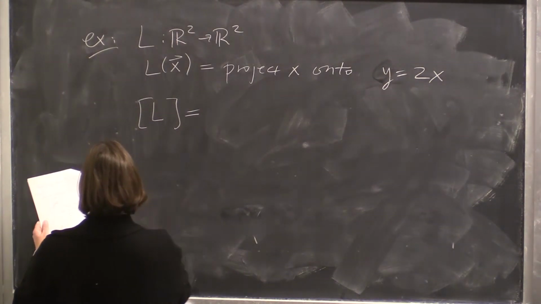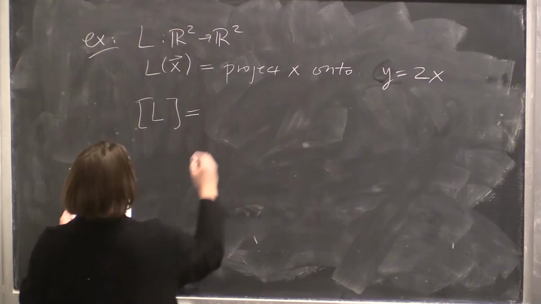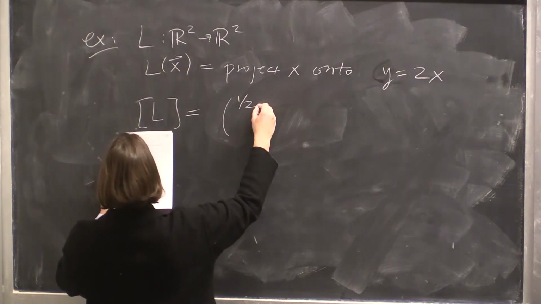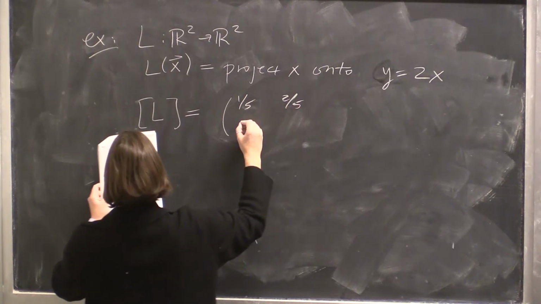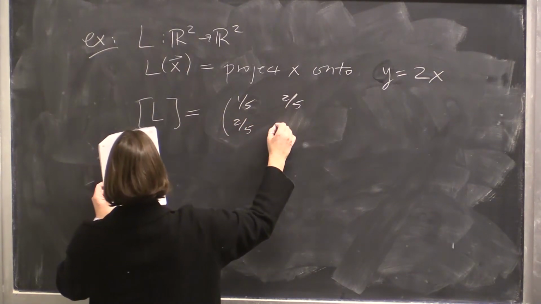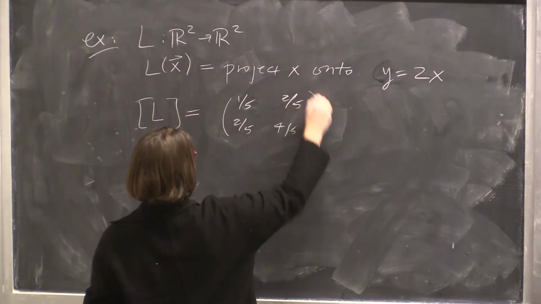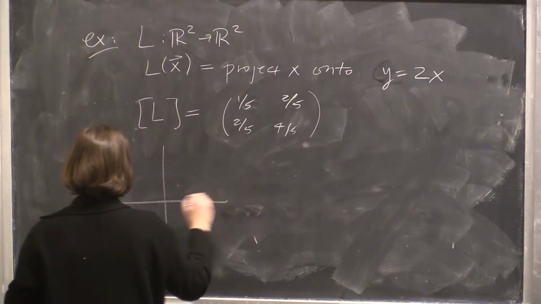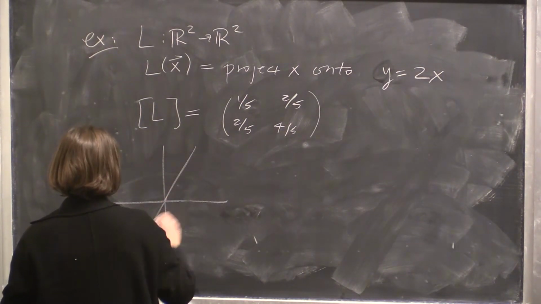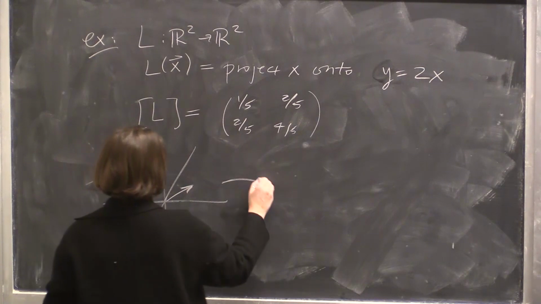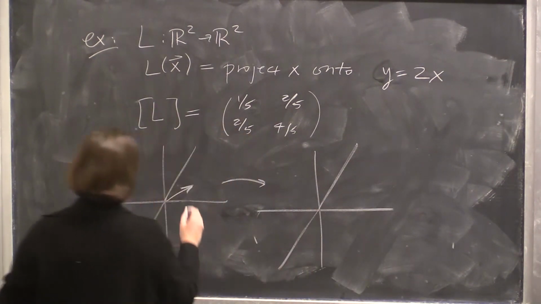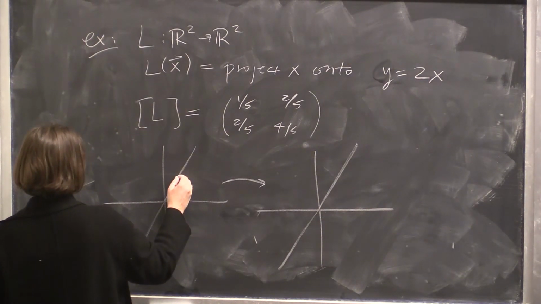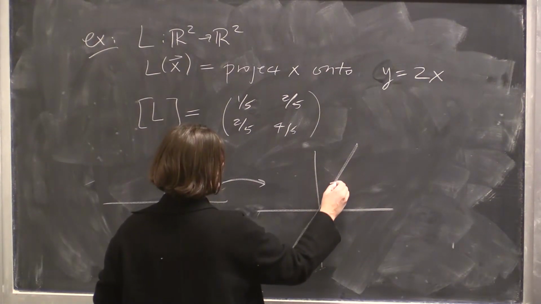And this has the matrix 1/5, 2/5, 2/5, 4/5. So here's the line. Given a vector, we drop down and we get that.